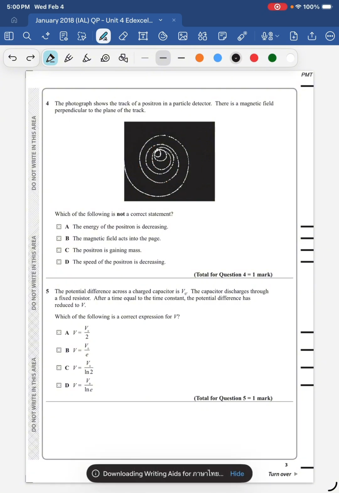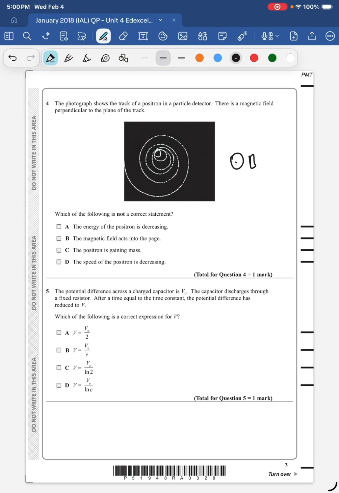B. The magnetic field acts into the page. Again, we need to use Fleming's left-hand rule to verify this. If it's into the page, the magnetic field points inwards, which means that we have to put our index finger to point into the page.